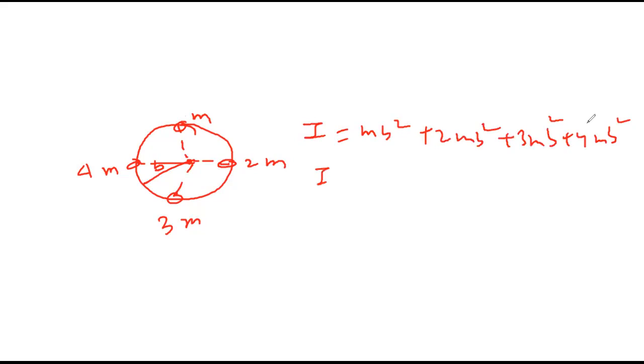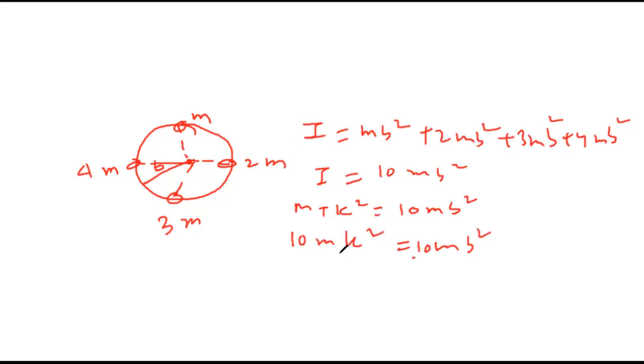So I will be 4, 3, 7, 2, 9 and 10 mb square. Total mass into k square is 10 mb square. Total mass is 10m, into k square is 10 mb square. 10m cancels, k is the same as b. So whenever radius of gyration is asked, first find the moment of inertia by our standard method, for a particle mr square.